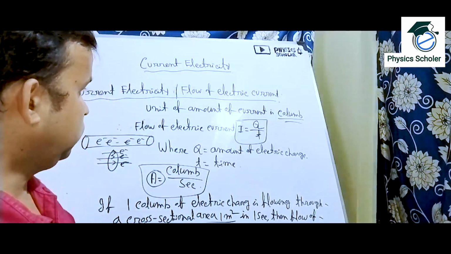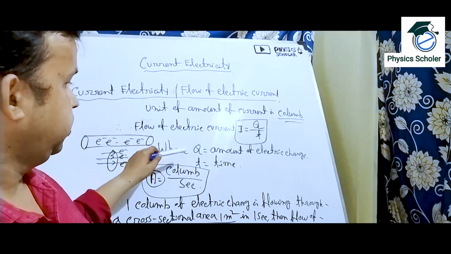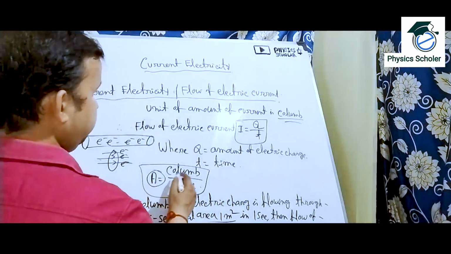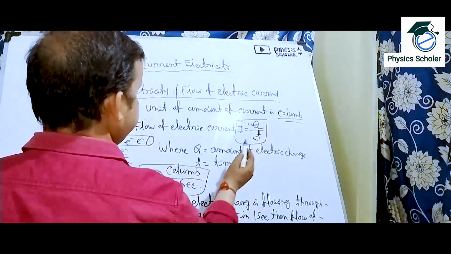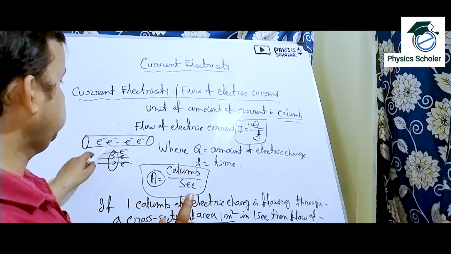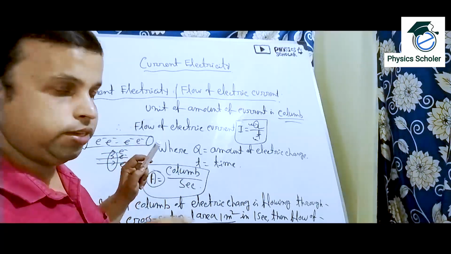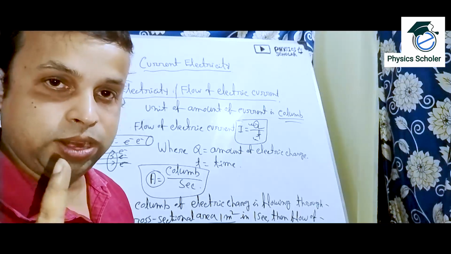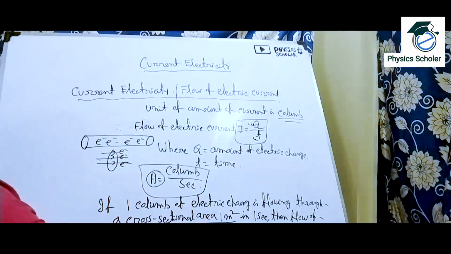Clear? So ampere I is equal to Q by T, where Q means amount of charge and T means second. So if in 1 second 1 coulomb charge is flowing through unit cross sectional area, or 1 meter square area, through a conductor, then the electric current through that conductor is known as 1 ampere. Okay.